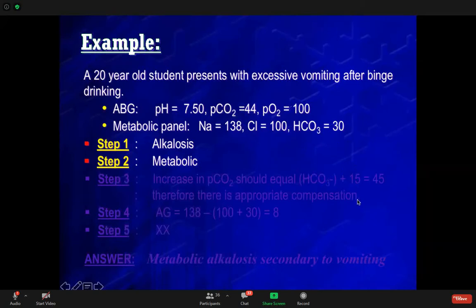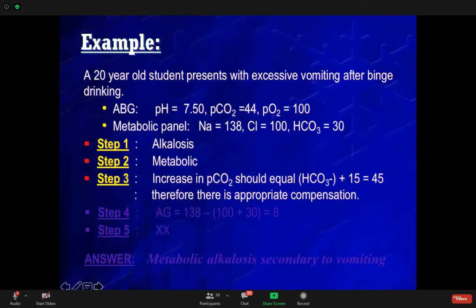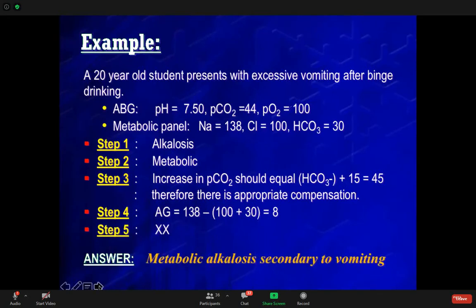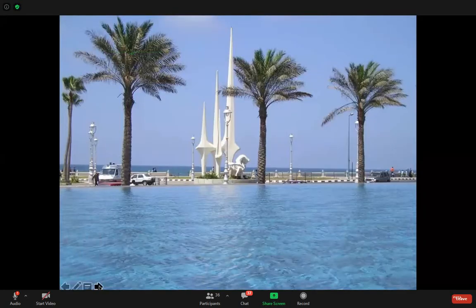One difference won't make a difference, so that means this is appropriate compensation. And step 4 is you want to see if there's an anion gap metabolic acidosis. So you calculate your sodium minus 100, your chloride, plus 30, which is 8. So there's no anion gap metabolic acidosis. So most likely this guy has a metabolic alkalosis secondary to vomiting.